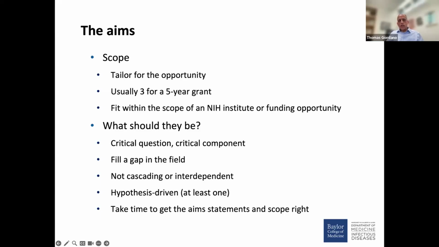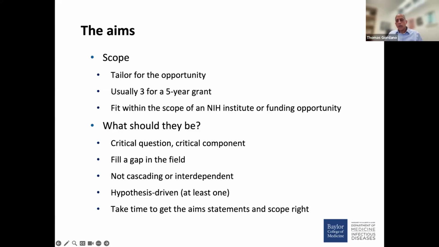So you've got to structure your aims very carefully to make sure they're not cascading or interdependent, that one aim is not dependent on the success of prior aims. There are some exceptions to that. If it's a developmental grant, and what you're proposing in aim 1 is to finalize the development of an intervention or a methodology, and you have enough preliminary data to say you can do this and it's going to happen, it's not controversial, then it's okay to say, once we finish aim 1, we'll move on to aim 2 with what we've finalized in aim 1.